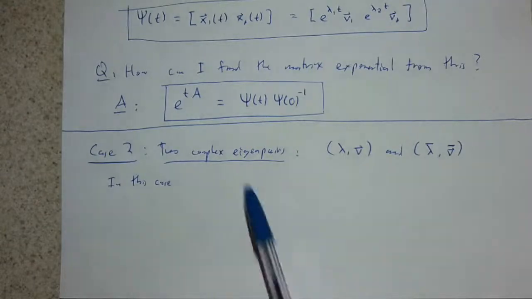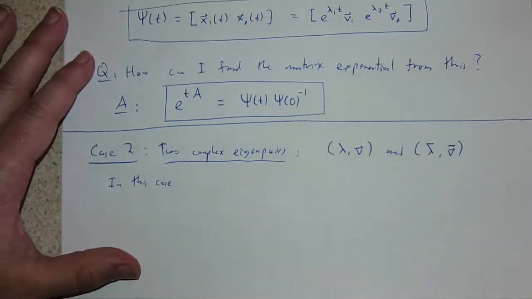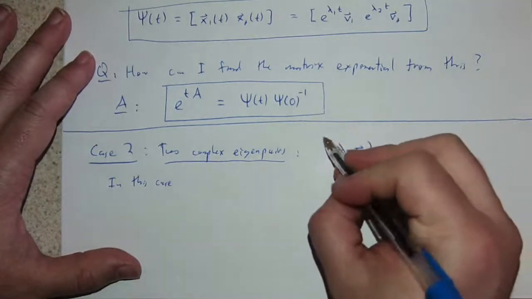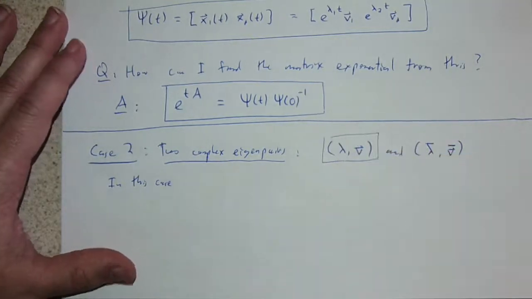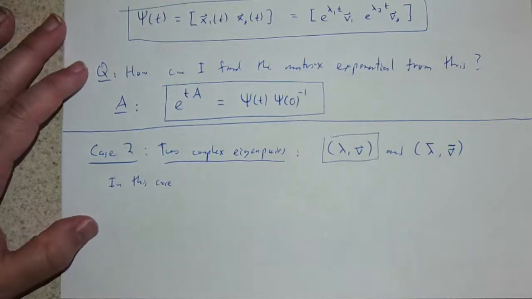Similarly, when you have two complex eigenpairs here, corresponding to two complex eigenvalues in a conjugate pair, you only need one of these eigenpairs to form your two solutions. The other eigenpair will form identical solutions. So having one of these tells you the whole story. It's enough info to tell you everything you need. So we'll just pick this one.